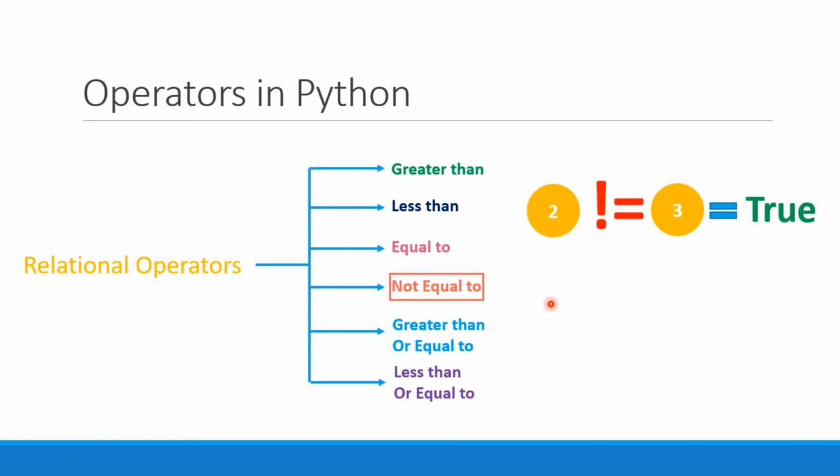Similarly, if I have 3 and again 3 and I apply the not equal to operator, the answer will be false, because 3 is equal to 3, and we are checking 3 is not equal to 3, so our answer is false.